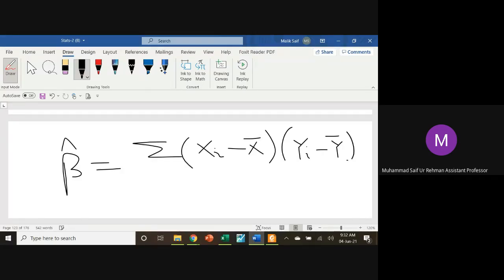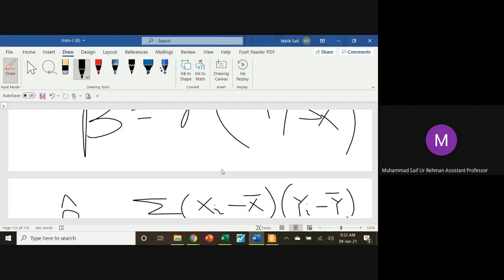You can see that this numerator looks the same as in the correlation coefficient formula, summation x minus x bar, summation y minus y bar. So the same r is there.